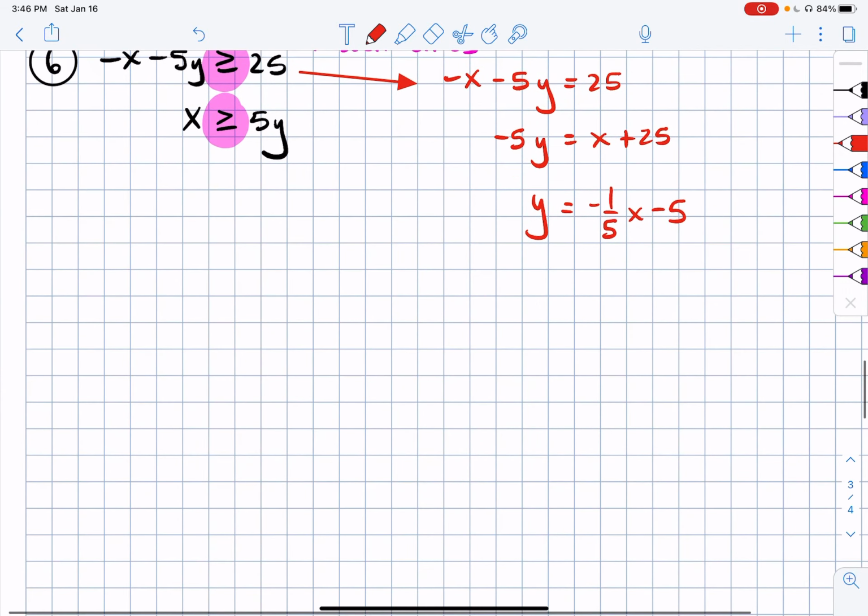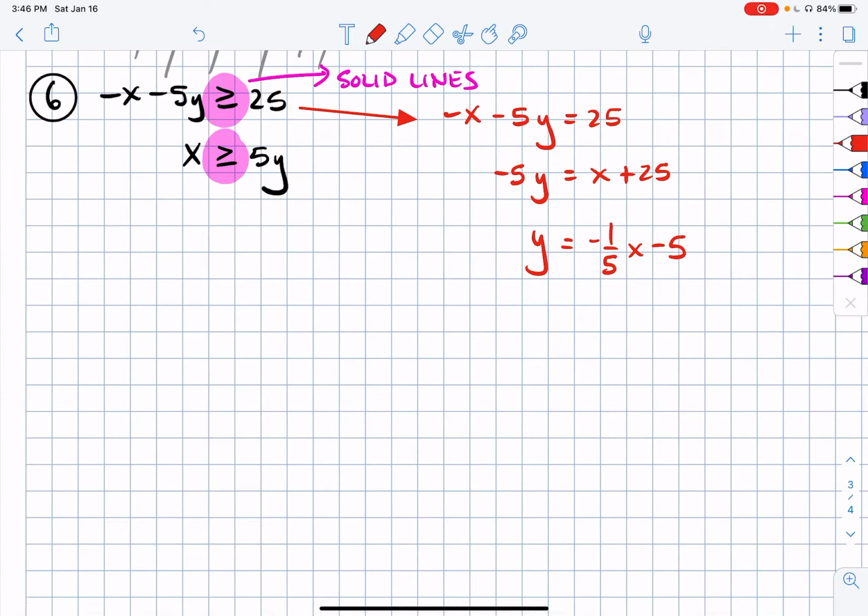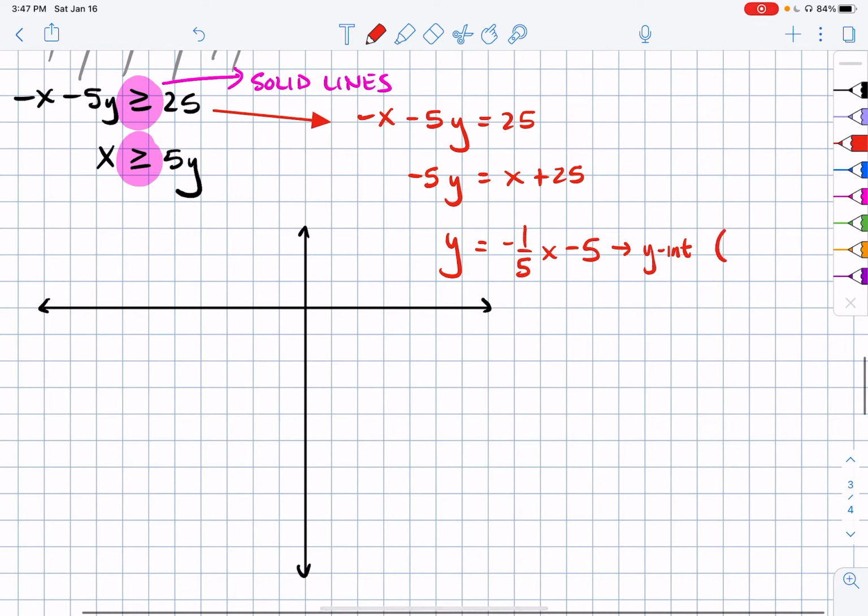Okay, so if I was to graph that, let's go ahead and graph that right here. Okay, so I got this. This equation tells me that the y-intercept is 0, -5, and my slope is -1/5.